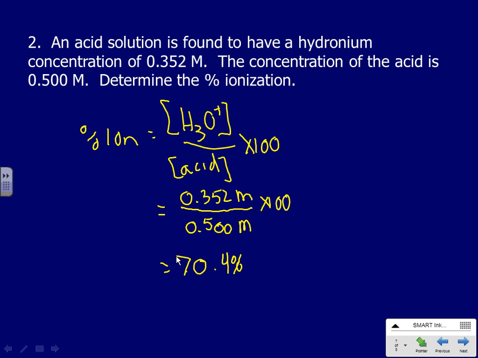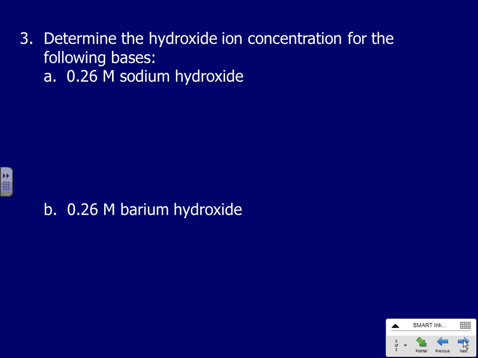All right? Just to finish off, before I let you do that little worksheet, it's just a quick little practice worksheet, I want to talk about how we deal with bases. This deals with what we talked about at the very beginning. We are not going to be using a percentage when dealing with bases. And when dealing with bases, it's the hydroxides we're interested in.